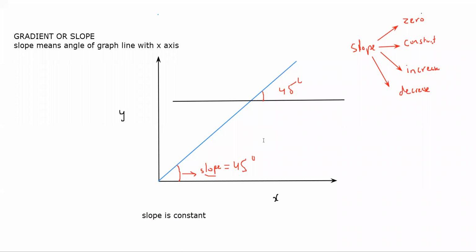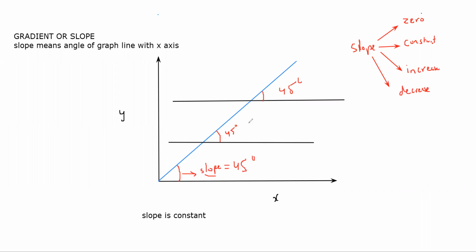Slope means the angle with x-axis. So any point I can take, whenever I draw an x-axis at any point, I will get a constant answer, I will get a fixed answer, which is 45. It's not necessary 45. 45 is the number I'm taking, it can be 30, but all the angles will be same.